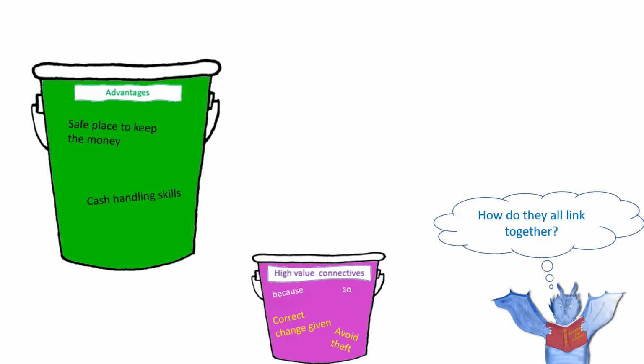So how do they link? How can you take those statements and give a reason for them? Well, here we go. Your job is to take these 2 reasons and join them effectively for an extended sentence with the 2 impacts listed in the green bucket. So then that would give you a 4-mark question if we can actually show an extended sentence for those 2 impacts.